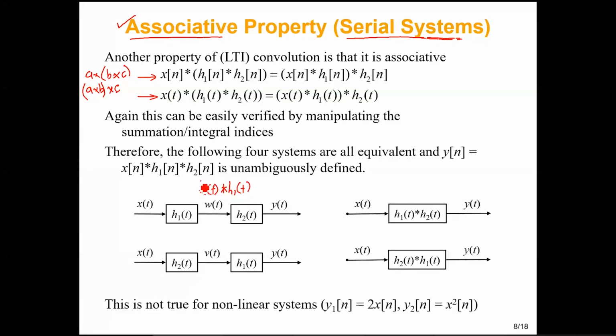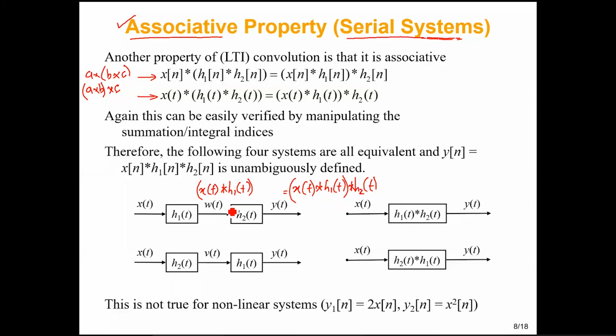We are calling it w of t right here. This is given as an input to the second system, and the output you get right here would be w of t, which is x of t convolved with h1 of t, and this whole thing gets convolved with h2 of t. We end up getting this thing as a result.